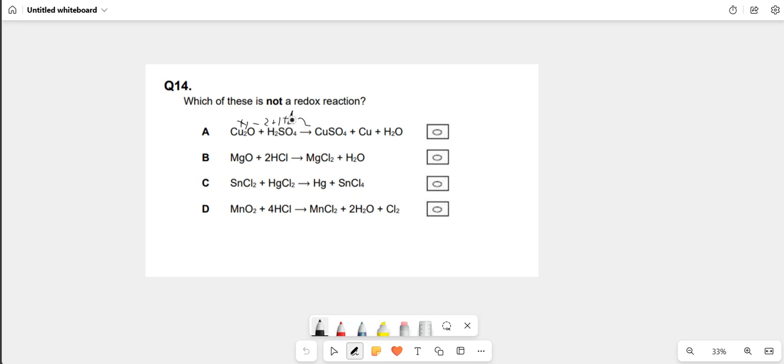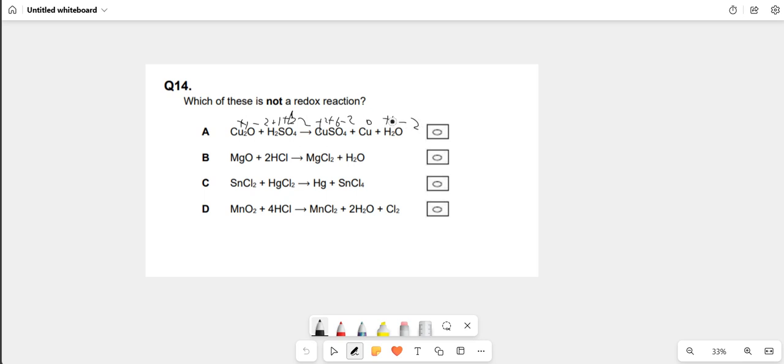It's getting pretty repetitive by now. When it gets repetitive, that means that you understand it fully, which is a good thing. And then -2 times 4 is -8, and Cu is going to be +2, it's always +2. So +2 and -8, so S is going to be +6. Cu is 0 here. And then H2O would be -2 and +1.